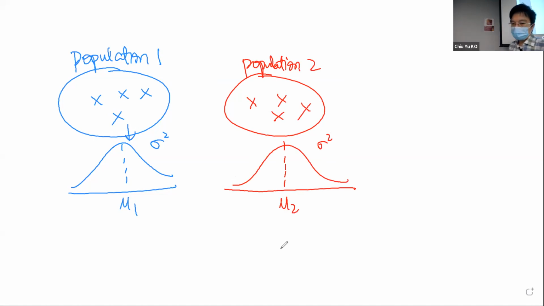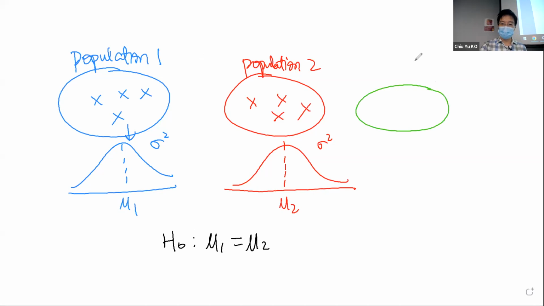And our two sample test is asking the question of whether mu1 is equal to mu2. Well, this is what we have learned, asking whether they are the same. Now, the generalization we do here is instead of 2, we can go one more.